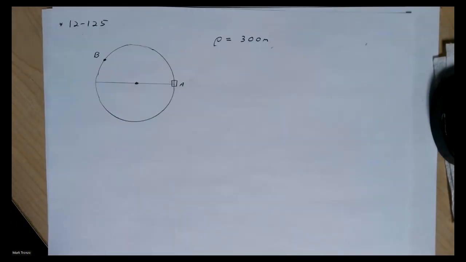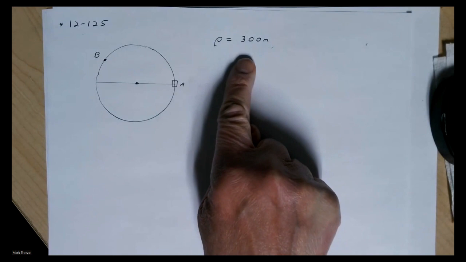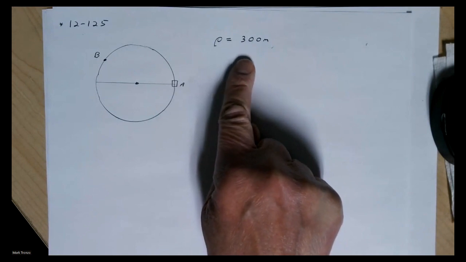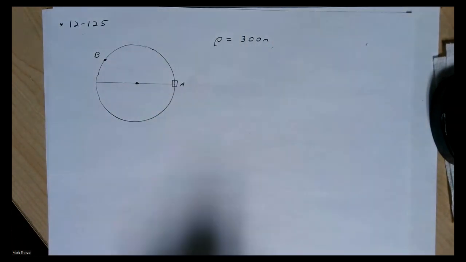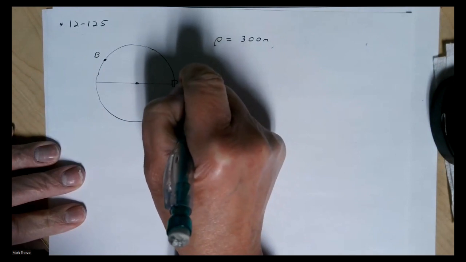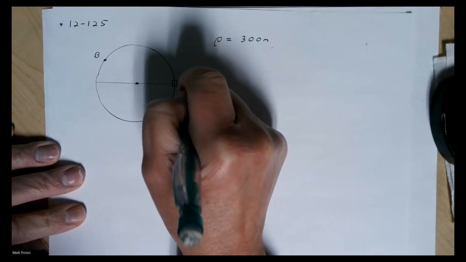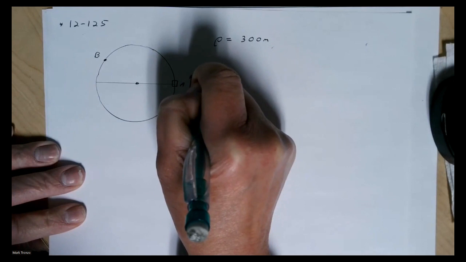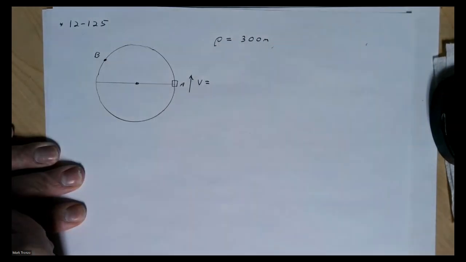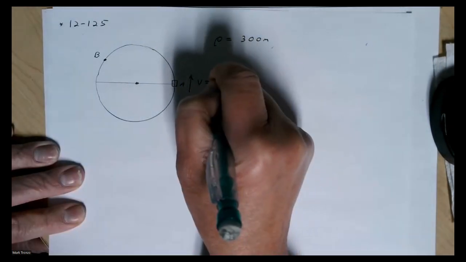So we have this car going around the circular track, and it has a radius of 300 meters. That's a constant radius, so we can call our radius of curvature 300 meters. And we know the velocity at point A is given as 5 meters per second.